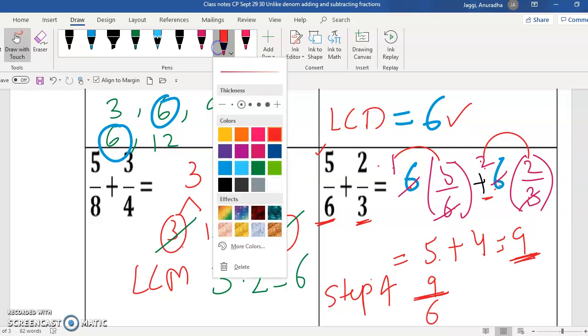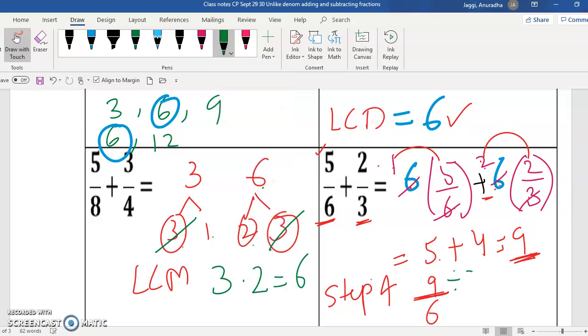So you can divide 9 by 3 and 6 by 3, and the answer is 3 by 2. So that is the simplified version. That is your final answer. So 5 by 6 plus 2 by 3 is 3 by 2. That's the answer to this question.